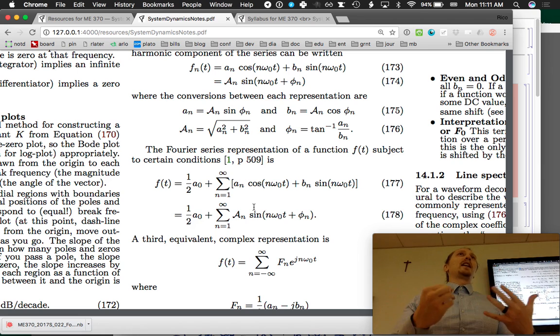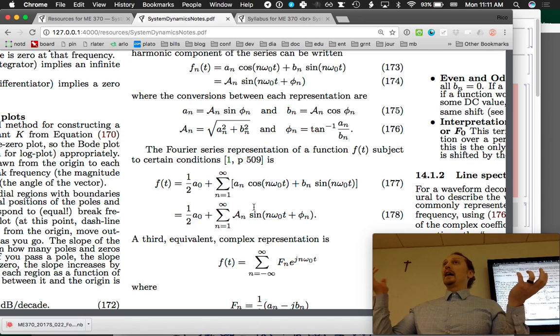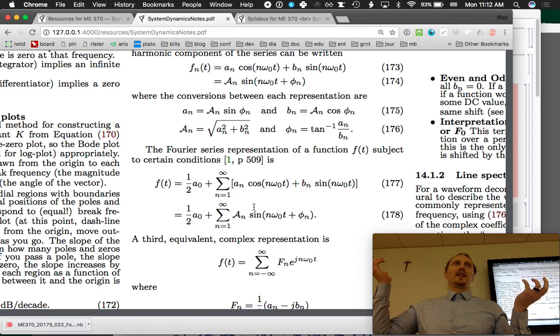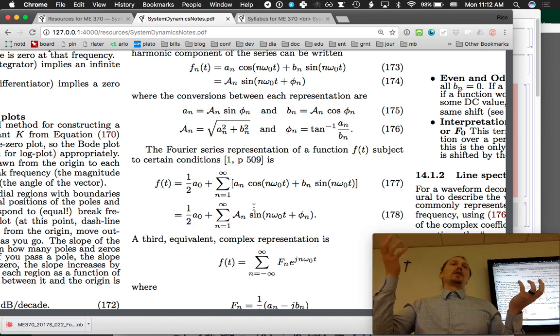We're going to use that idea to extend our understanding of the frequency response of a system, okay, by saying, oh, well, if we mash this idea of any signal being represented by a sum of sinusoids together with the idea that we have superposition, where you could break down a function into a bunch of components, find the response of a linear system to each of those components separately, and then sum them up.